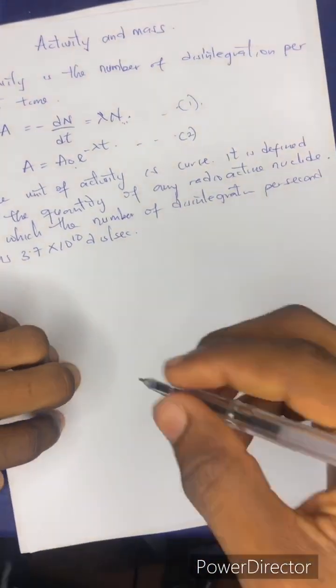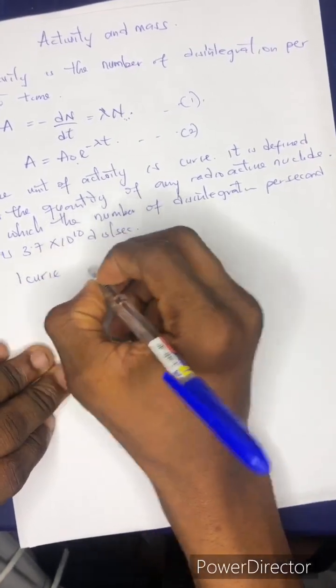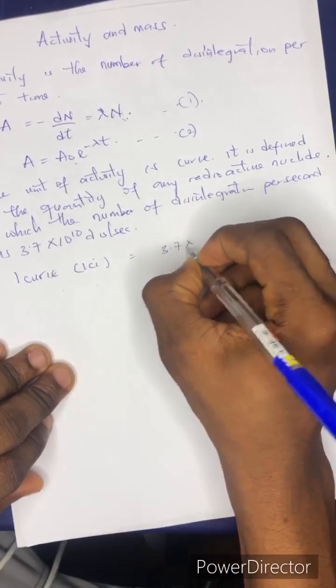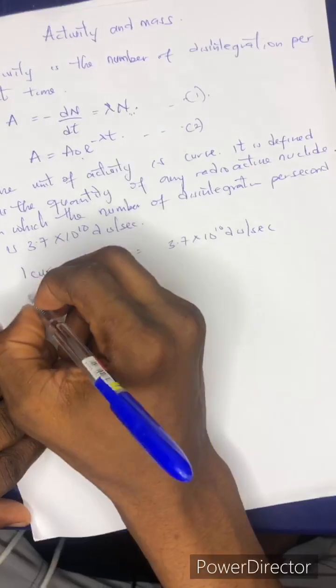So basically one Curie, which is 1 Ci, is equivalent to 3.7 times 10 raised to the power 10 disintegration per second. What of 1 millicurie?